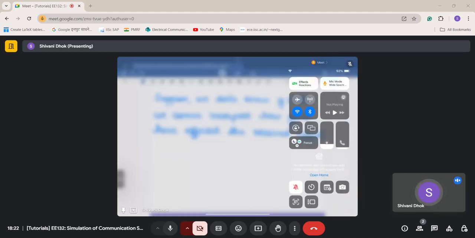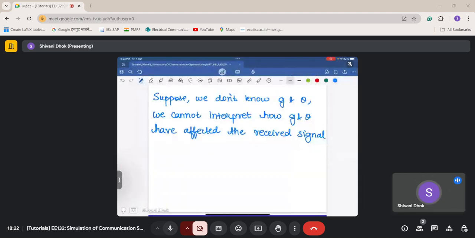And we don't know anything about it, which means our decision rule should be such that it is least affected by g and theta.